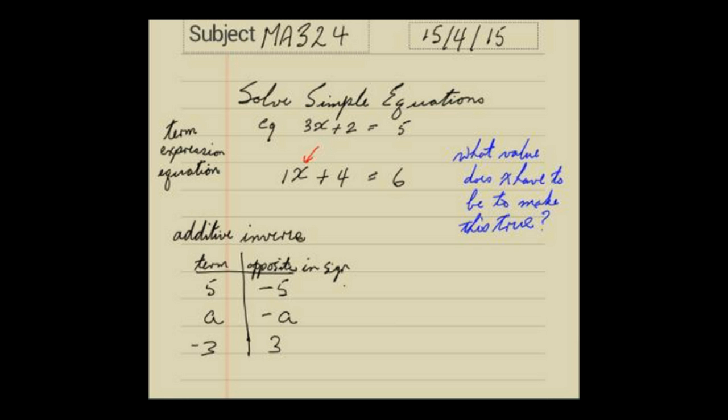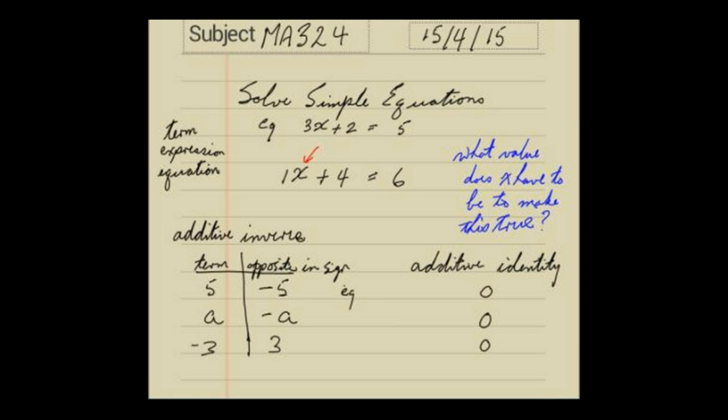Another thing that we have to look at is called the additive identity. The additive identity is always 0. When you add a number and its additive inverse, you get 0.